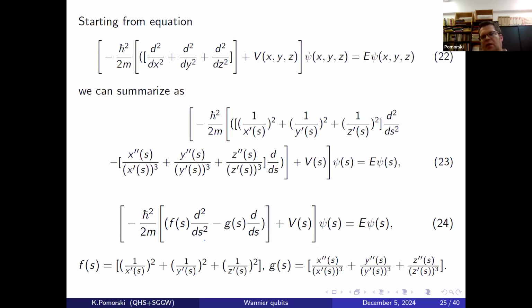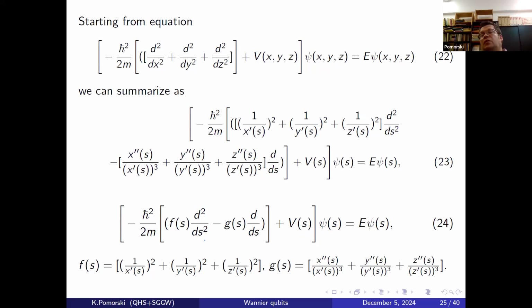In a sense, F(s) will encode the position-dependent mass, and then the G(s) function will encode in a way dissipation, or from another perspective, it can encode what I call the imaginary part of the vector potential that will appear.